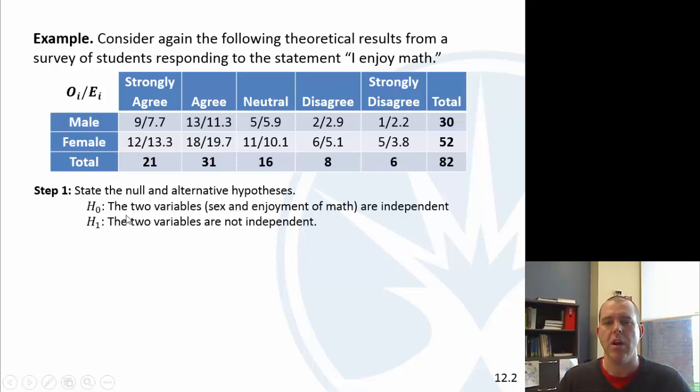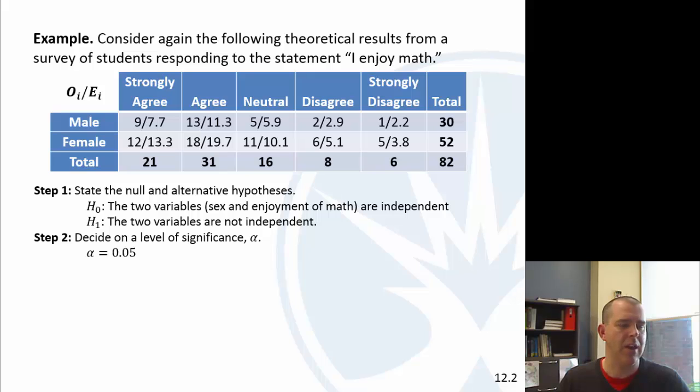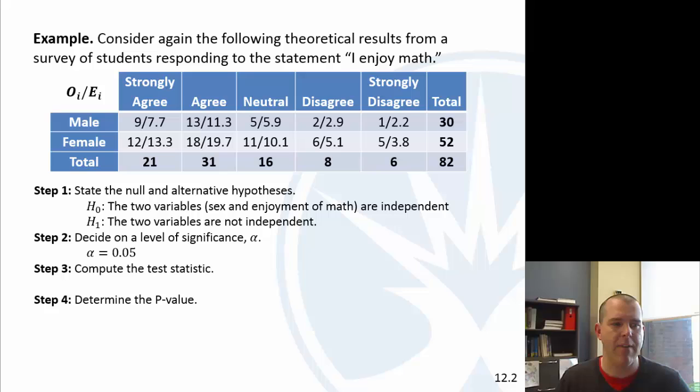Our null hypothesis here is that they're independent. The student's sex and their enjoyment of math is independent, and the alternative is that they are not independent. There's some relationship there. Alpha here, did we say? I think we did. We'll use 0.05. And then we have the test statistic and p-value.